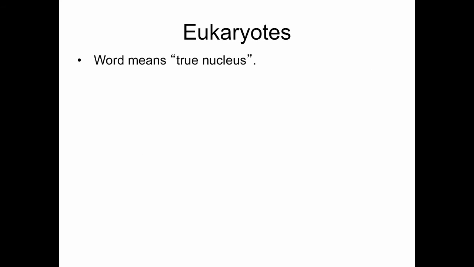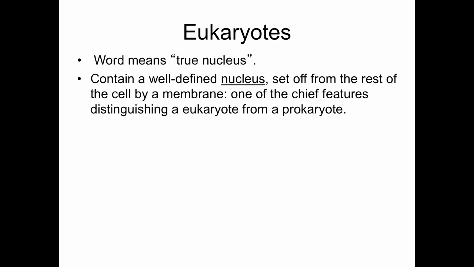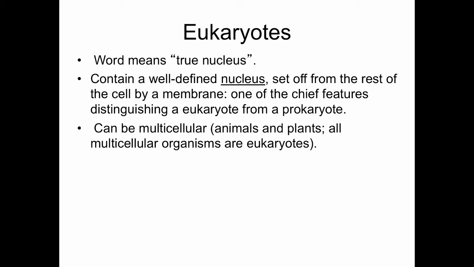Eukaryotes, the word means true nucleus. Eukaryotes contain a well-defined nucleus that holds genetic material that is set off from the rest of the cell by a membrane. Having a nucleus is one of the chief features distinguishing a eukaryotic cell from a prokaryotic cell. Eukaryotes can be multicellular. For example, animals and plants are eukaryotes.